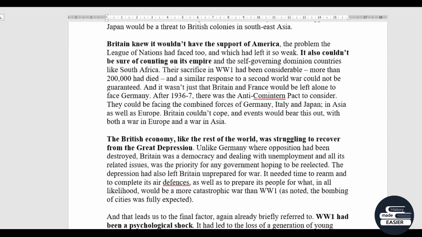And we have the very real issue that the British economy, like the rest of the world, was struggling to recover from the Great Depression. And really getting jobs back for the British people was the British government's priority.